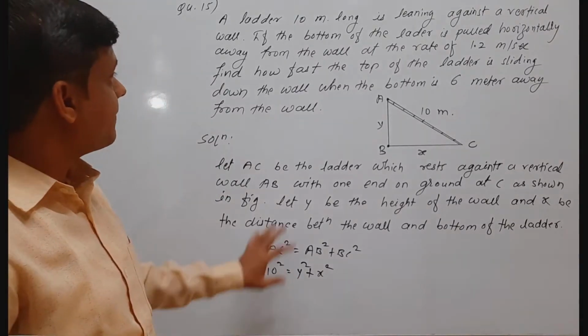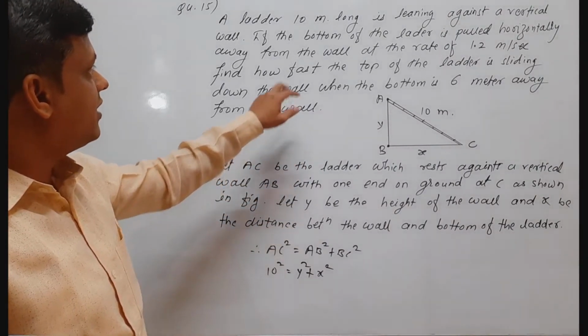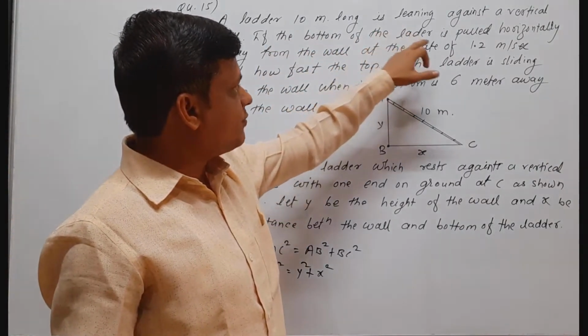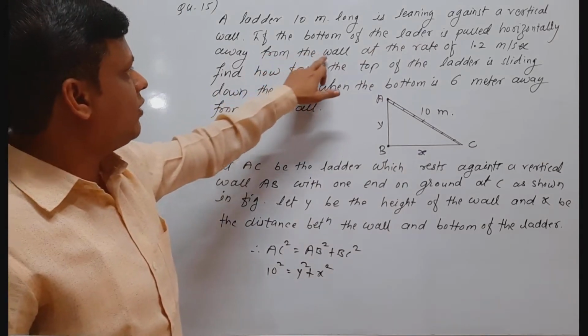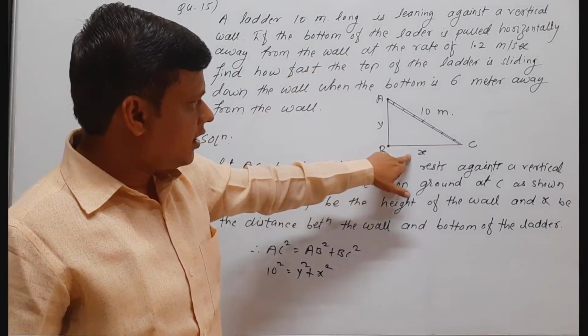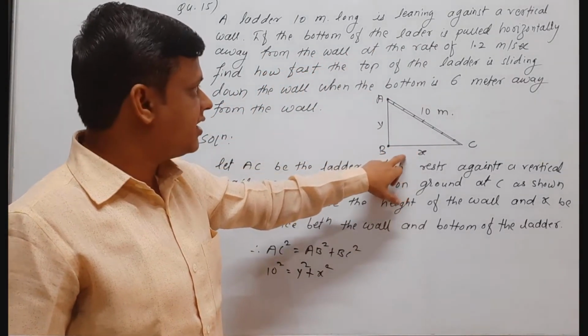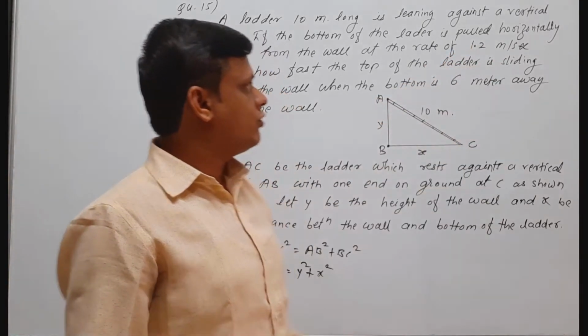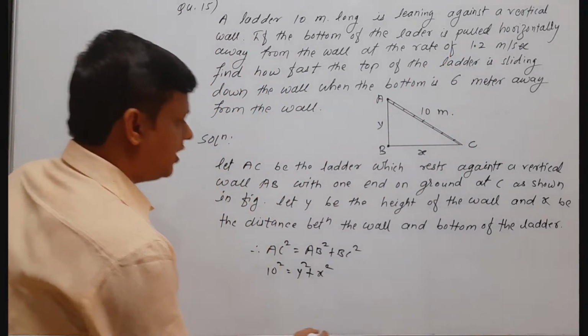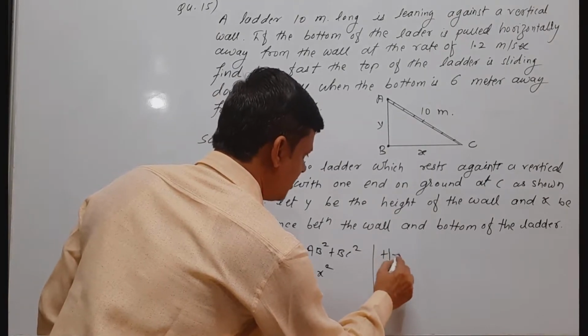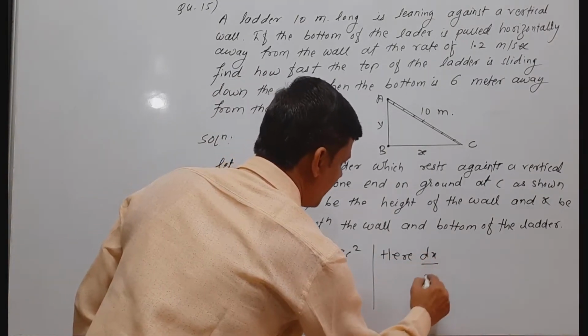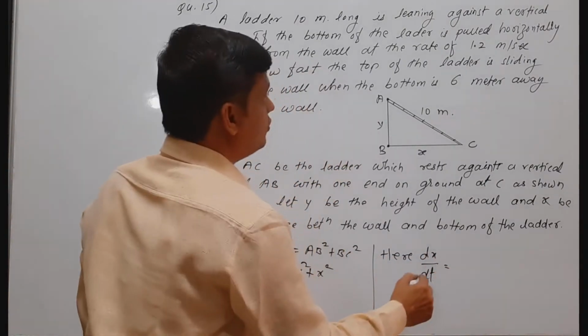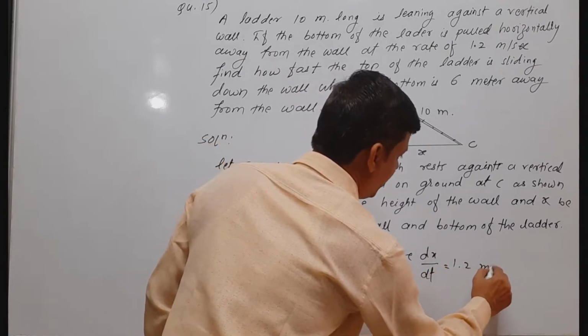Now here one value is provided. If the bottom of the ladder is pulled horizontally away from the wall, that means change in x is given, that is dx by dt is 1.2 meter per second. So here we write in the given part dx by dt is equal to 1.2 meter per second.